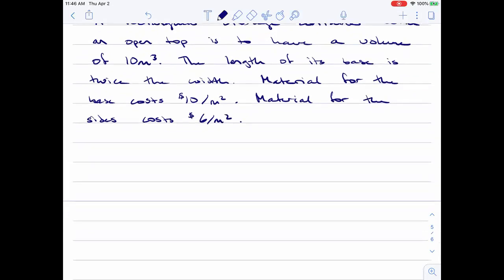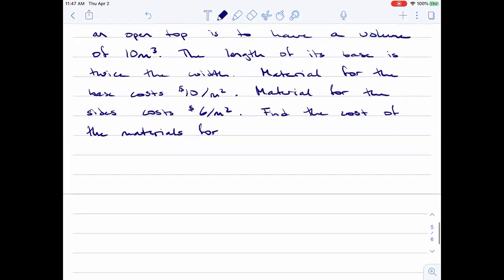Find the cost of the materials for the cheapest such container, right? So find the cost of the materials for the cheapest such container.